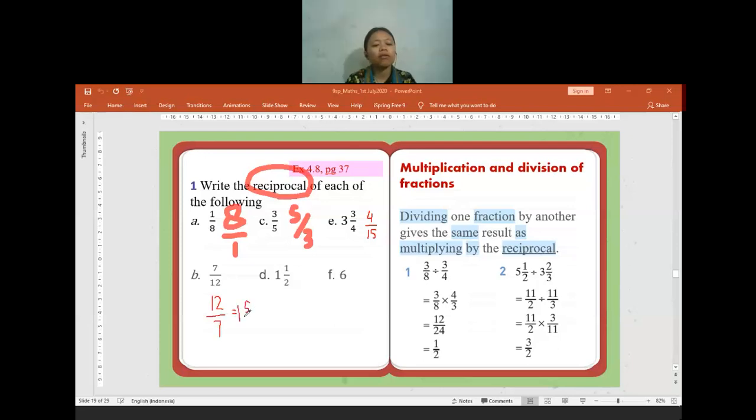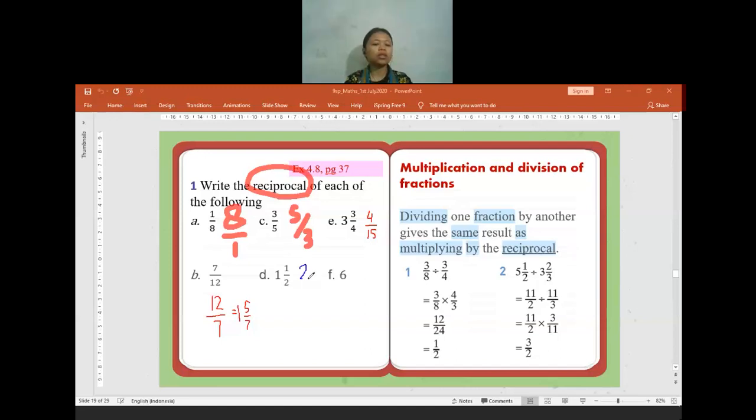Whenever you have any difficulties, feel free to interrupt me rather than stay quiet and not understand anything. What is the reciprocal of 1 per 2? 2 per 3. Okay, good job.